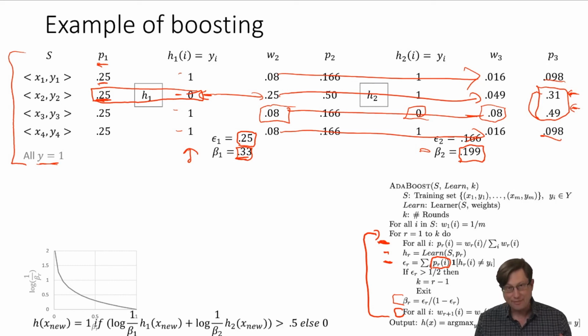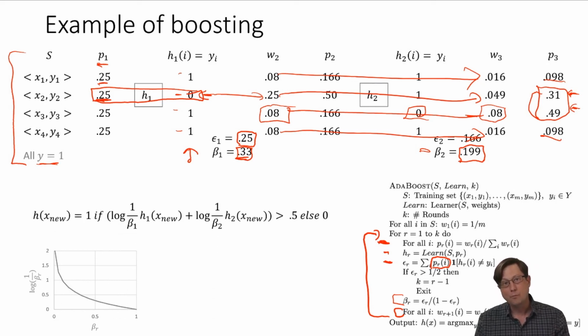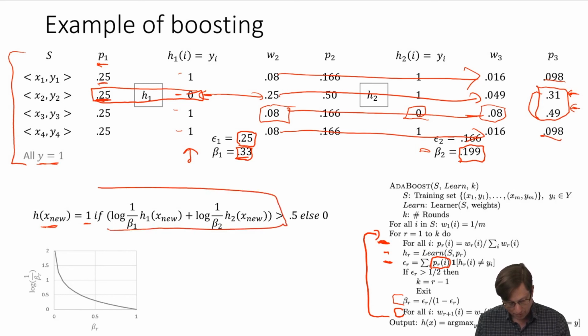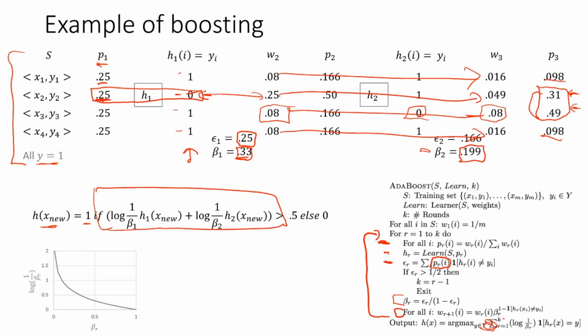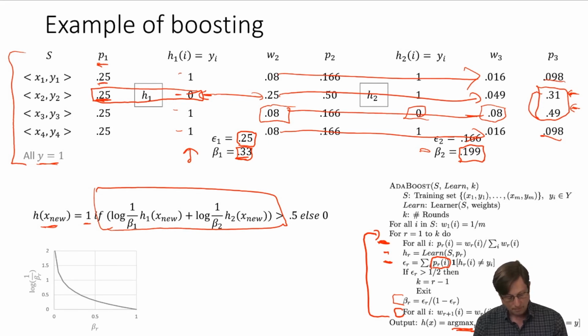Substantially less attention is being paid to those samples that every model up until this point has got right. And then at runtime, when you want to figure out the class of a new sample, you'd have x new. It's 1 if this summation is greater than 0.5, because remember, we're just doing binary classification. So this argmax thing, which is behind my back right here, this argmax, now I'll draw it again. This argmax thing here basically reduces into is it above the 0.5 threshold? And we'll say beta 1 is the vote that we associate with hypothesis 1.